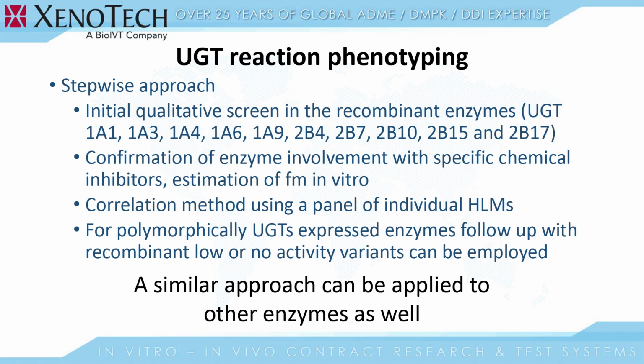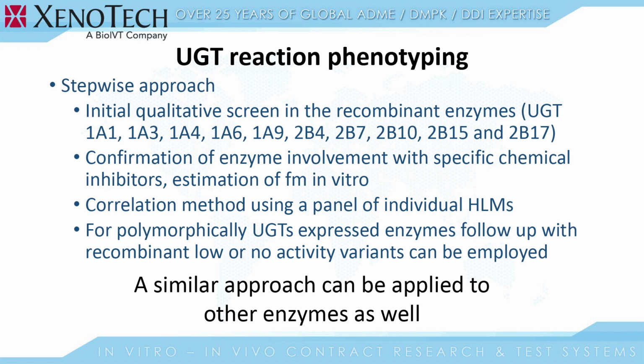So how do we address the reaction phenotyping of non-CYP enzymes? I'm going to illustrate this example again using UGTs, but keep in mind that this approach can be applied to other enzymes. So UGT reaction phenotyping can be conducted in a process that's similar to the approach that's adopted for the CYP enzymes. So based on the current FDA guidance, it's recommended that data from multiple approaches are taken together whenever possible.